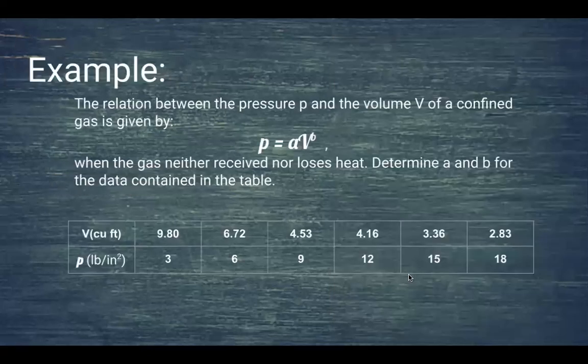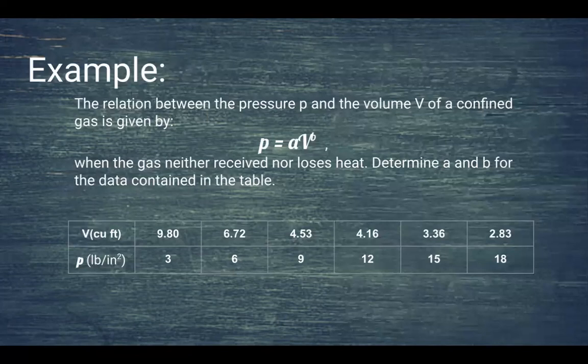All right, to the example. The relation between the pressure P and the volume V of a confined gas is given by P is equal to A times the volume to the power of B, when the gas neither receives nor loses heat. Determine A and B for the data contained in the table.